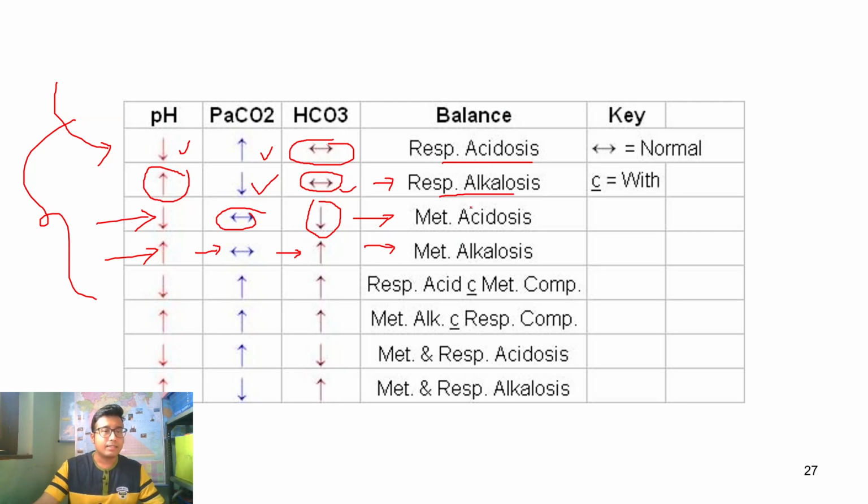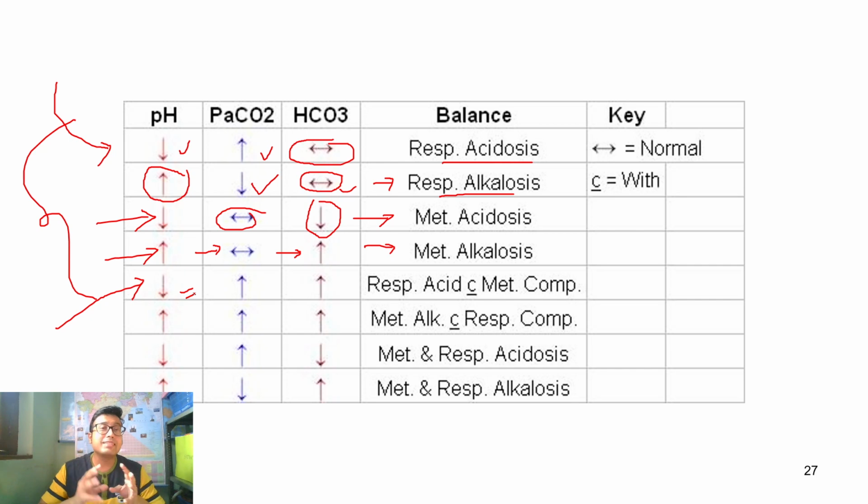This is interesting. Now see, there are two problems of compensation. See this one. First, as step one, you need to see whether it is acidosis or alkalosis. pH low, acidosis. So this is acidosis, no doubt about it. Now, acidosis can be caused by either change in PCO2 or change in bicarbonate.